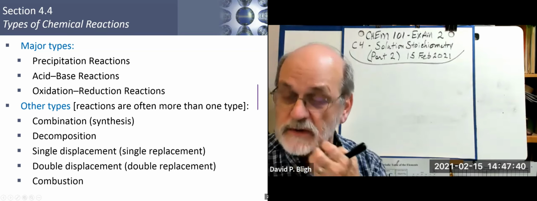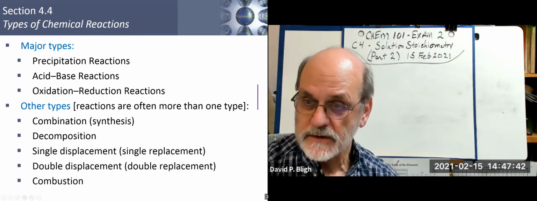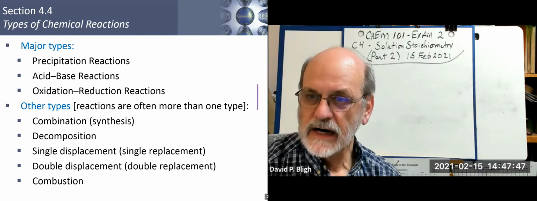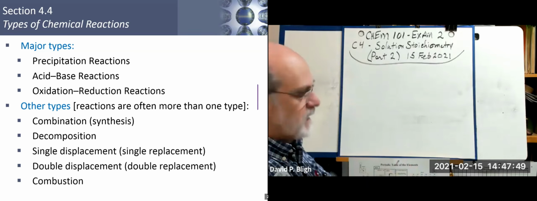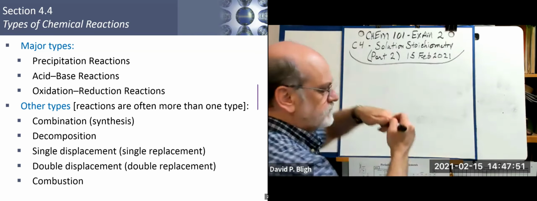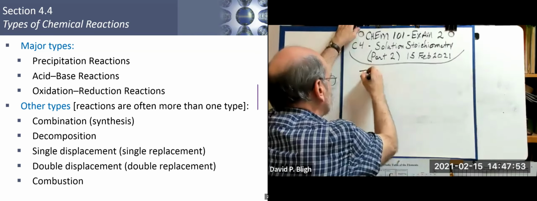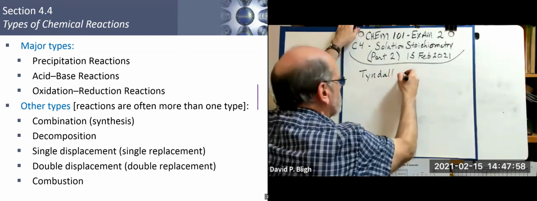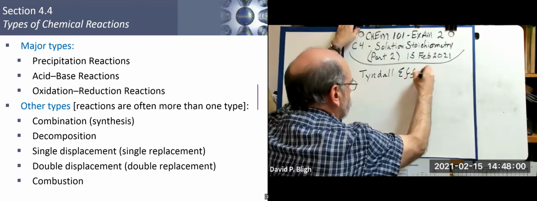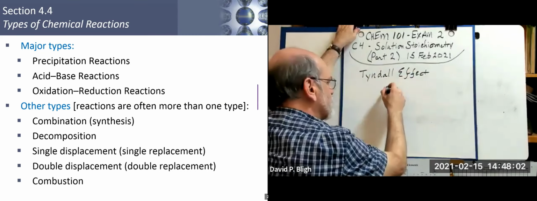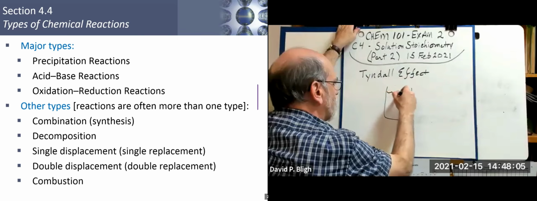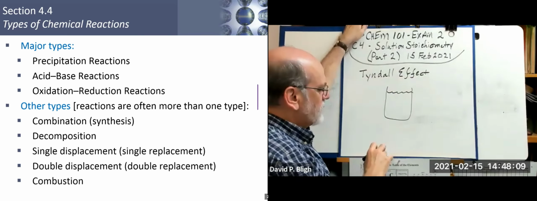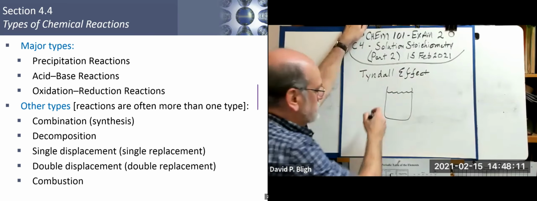And you will know when you have a solid produced because it'll get cloudy. Another way to tell is called the Tyndall Effect. I think it's got two L's. Tyndall Effect. Okay? If you have a solution in a beaker, like that, and that solution, you shine a light through it.